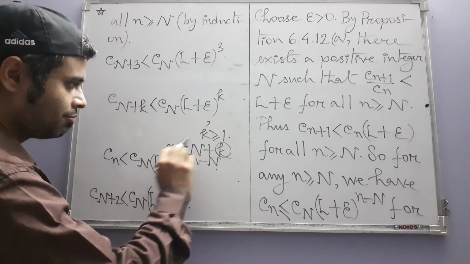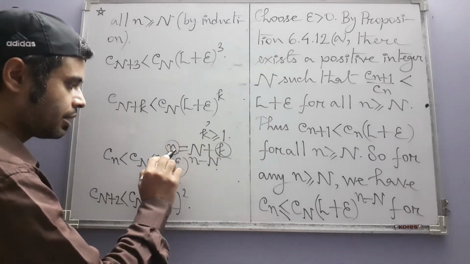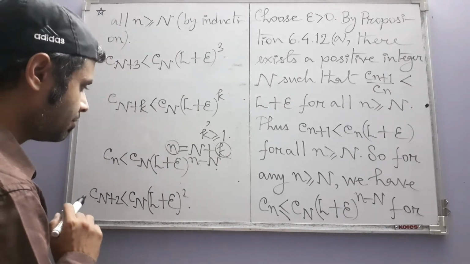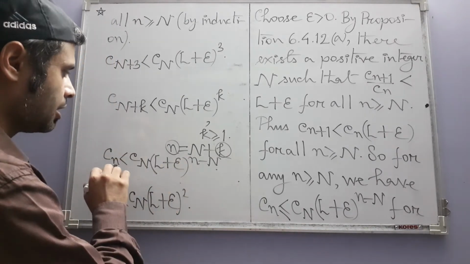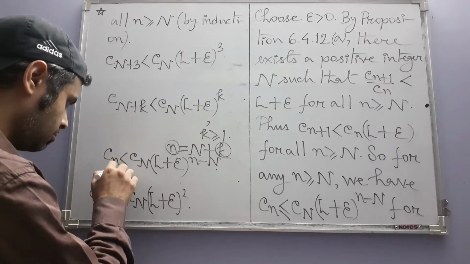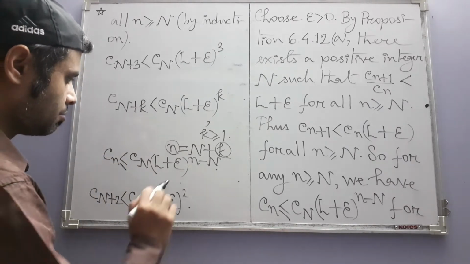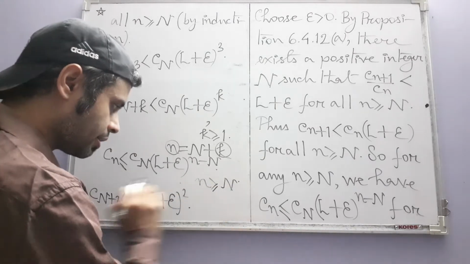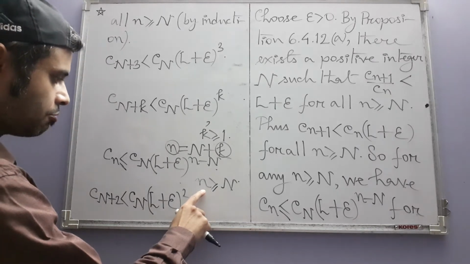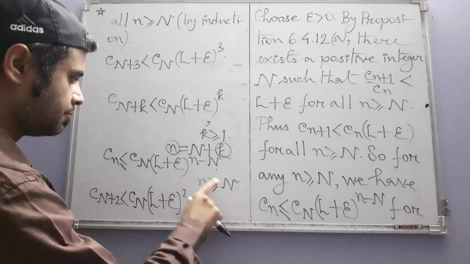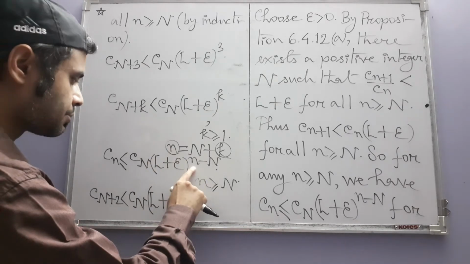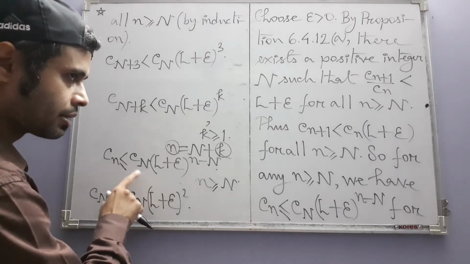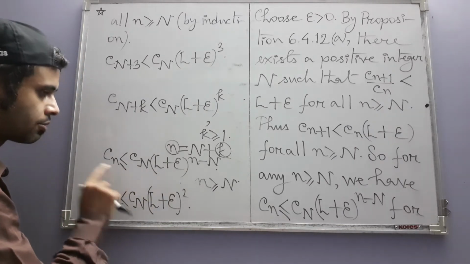That means even in that case the n that we are taking is capital N plus 1, which is strictly greater than capital N. However, we can include the equality case by allowing for equality, because if your n is not just strictly greater than N but greater than or equal to N, then what happens if you put n equal to capital N? This becomes 1, this power, and you have Cn on this side, Cn also on this side. So actually they are equal. To allow for that, we are going to consider this.